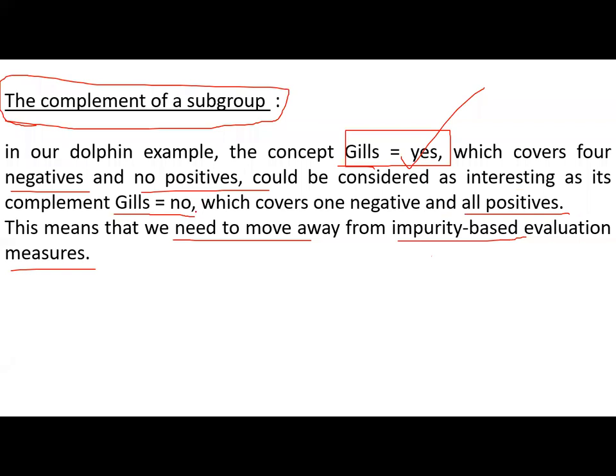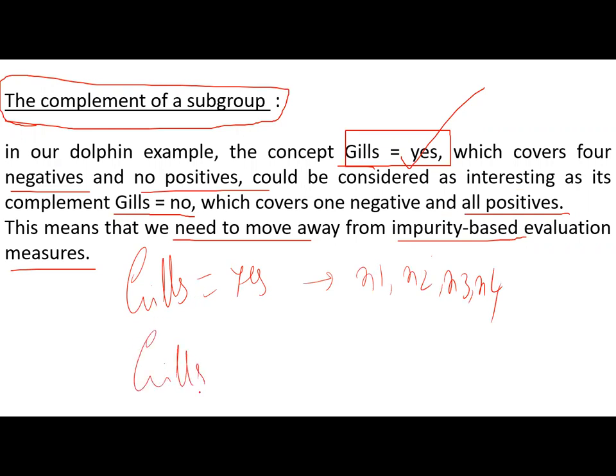When we say Gills = S, we cover N1, N2, N3, and N4. The complement or negation of this is Gills = no, which has only one negative, N5, and all positives, P1, P2, P3, P4, and P5.